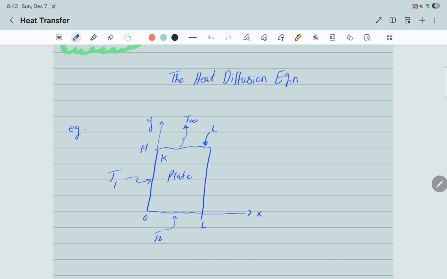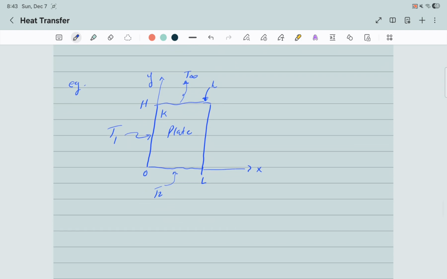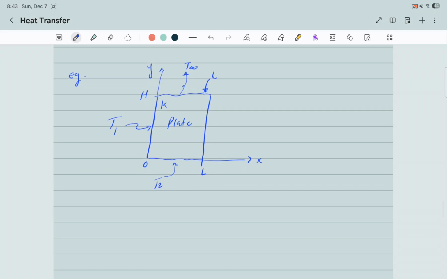So let's use the heat diffusion equation for conduction that we derived in the last class to solve this example.